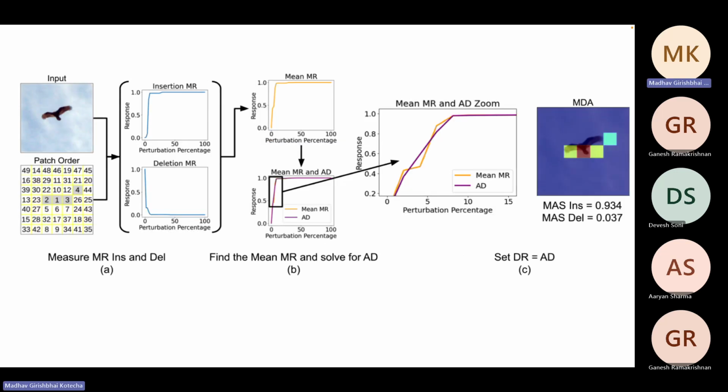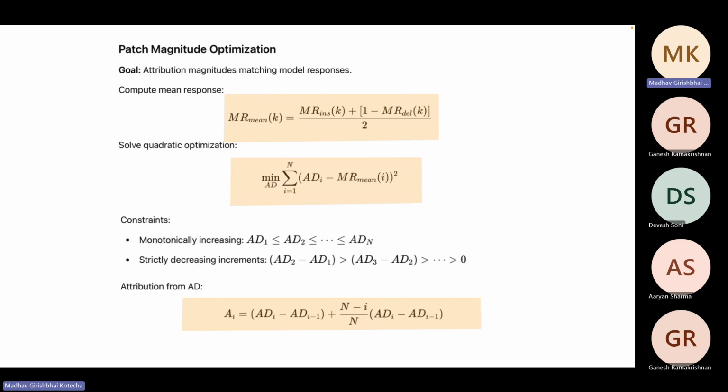Can you go to the next slide? So this is the magnitude min-max, where AD is to be maximized. No, sir, we are trying to get AD. We have already generated the order in pre-processing. AD is the curve that we want. We have an insertion curve and a deletion curve, then we take the mean of those curves.